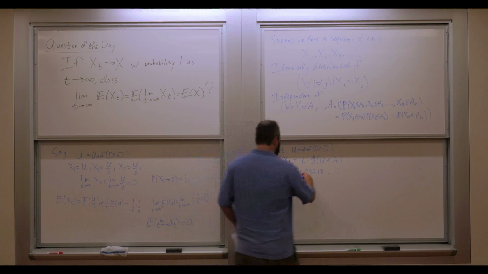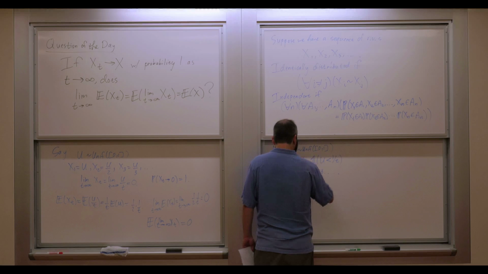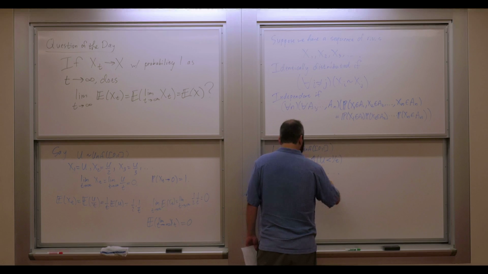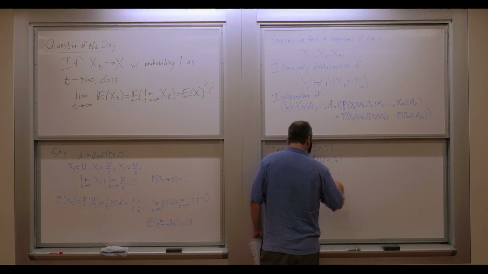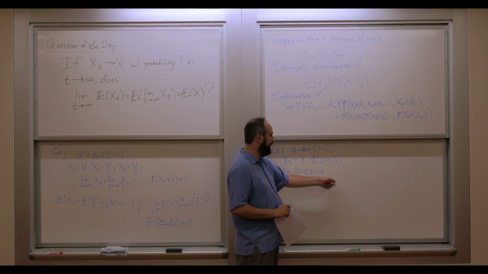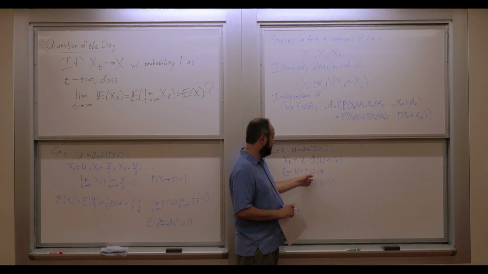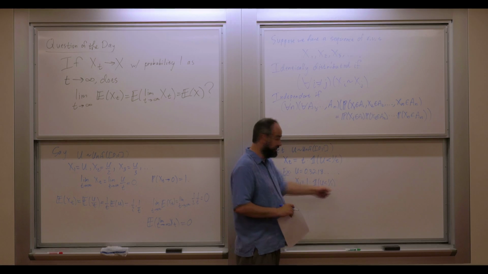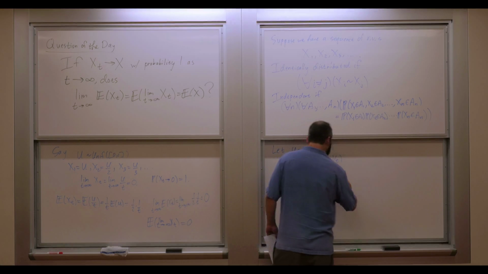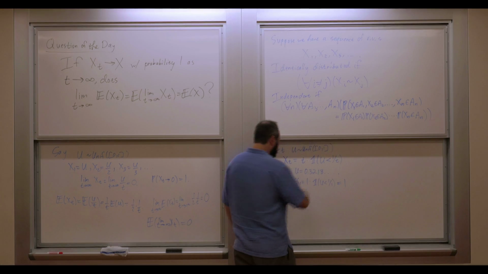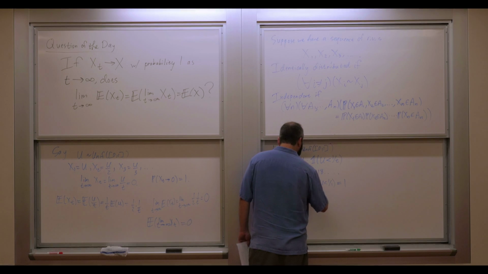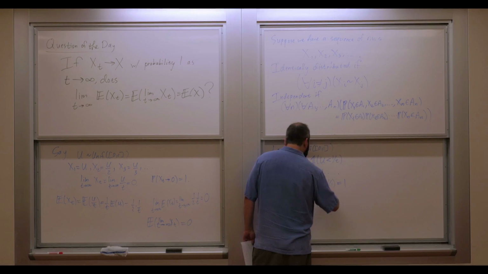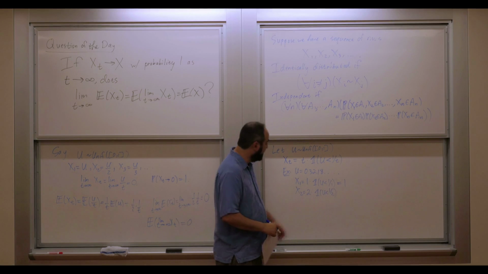Well, x sub 1 equals 1 times the indicator that u is less than 1. This number is less than 1, so this indicator is 1, so this value is 1. X sub 2 is 2 times the indicator that u is less than 1/2.